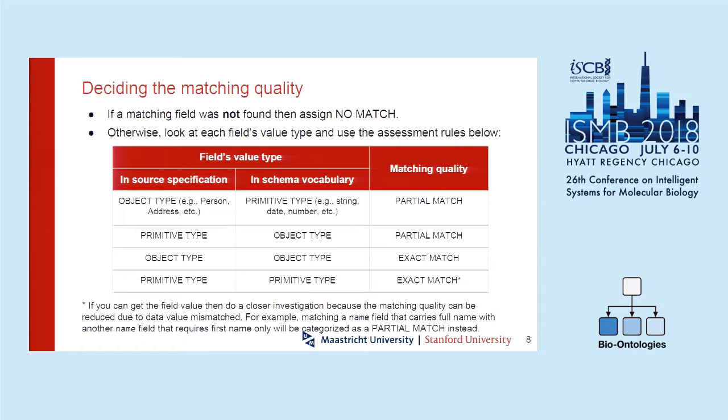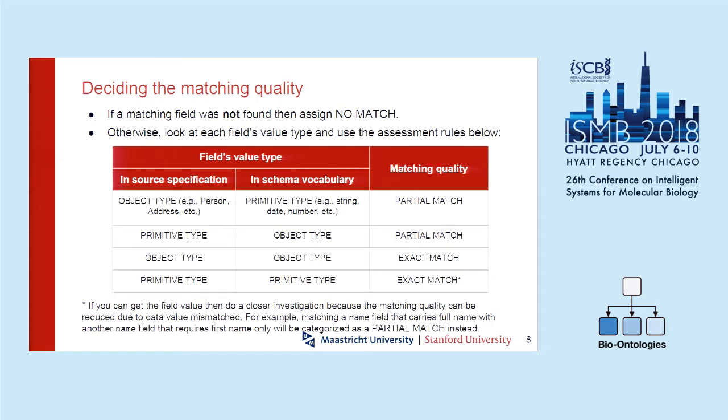Object types are things like a person, an address, a condition, and so on. Primitive types are plain text, a date, or a number. Again, this is quite straightforward. If you find a mismatch between the value types, then we call it a partial match. Otherwise, if they're the same, it's an exact match.